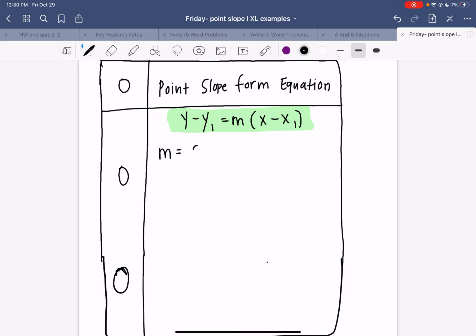So I'm going to start with the most obvious. The m is going to be our slope. Then we have x, we have y, we have x1, and we have y1.